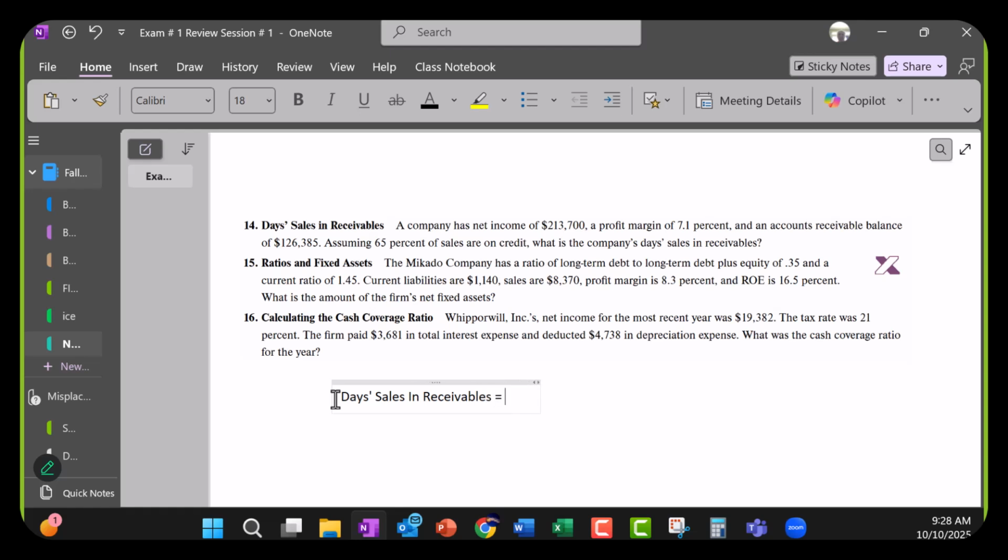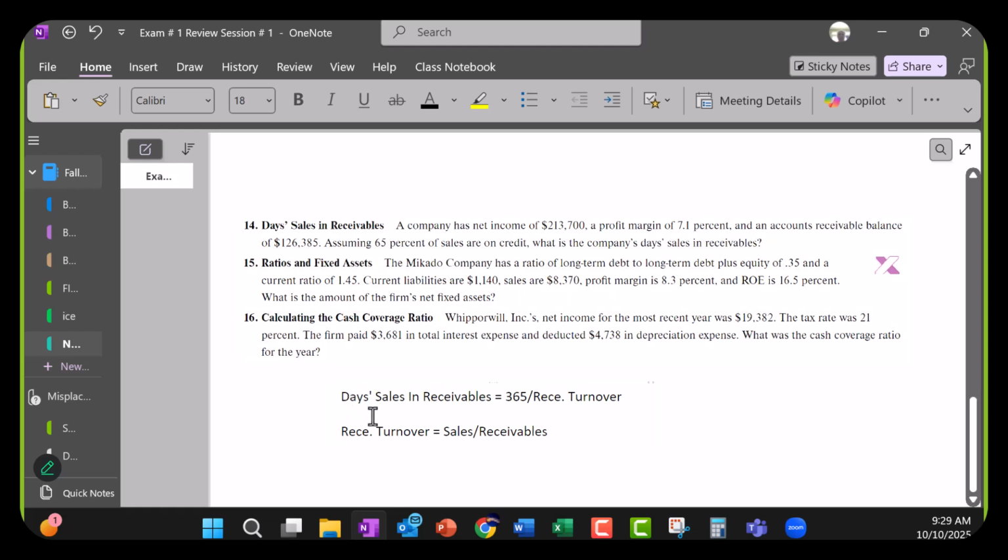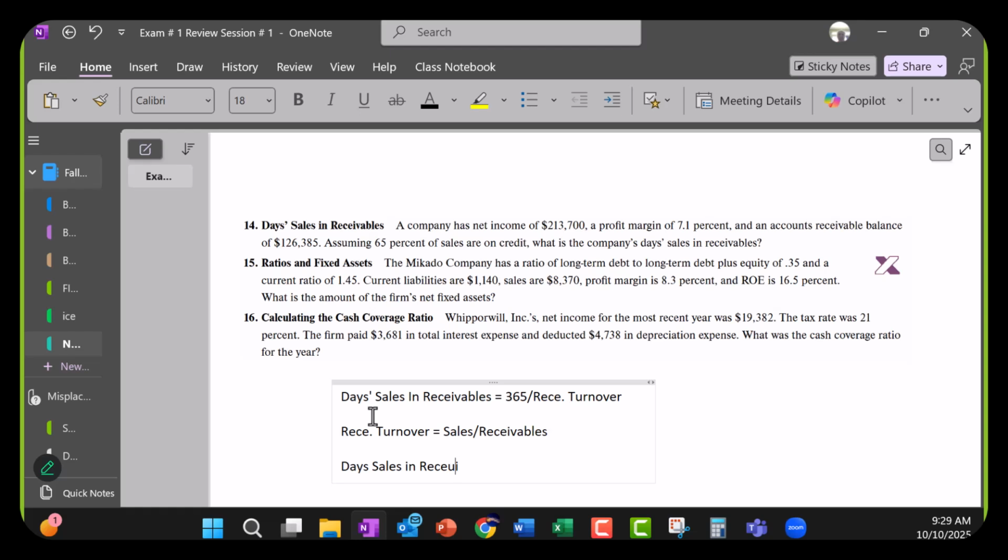We can do it two ways: 365 over receivables turnover, where receivables turnover equals sales divided by receivables, or we can directly input it in there, which means days sales in receivables is 365 times receivables divided by sales, correct?